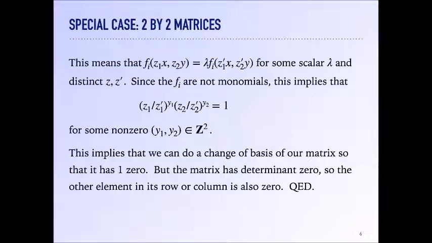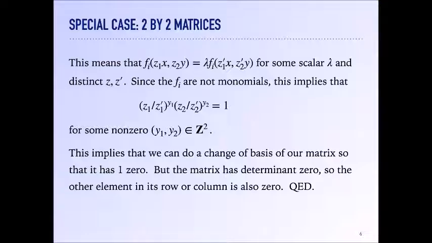That's just combining the two equations. The equation for z gives me f_i of z1x, z2y equals a scalar times f_j of xy, and then the same equation for z prime, and you just combine those two equations and you get this. So a different lambda showed up than before, but some scalar.